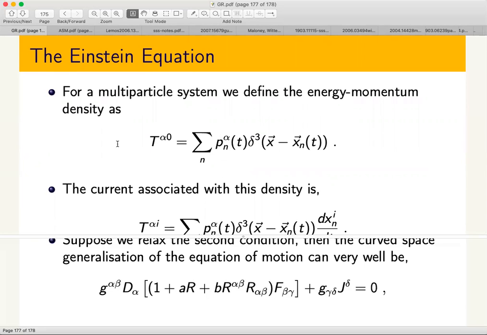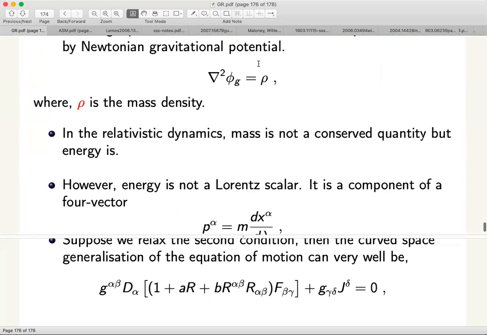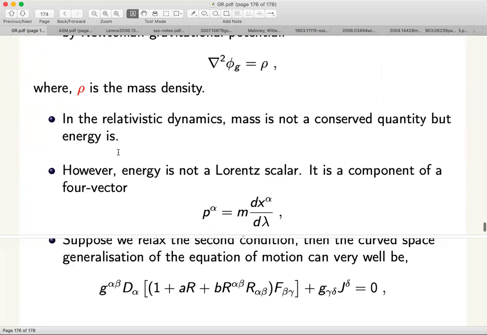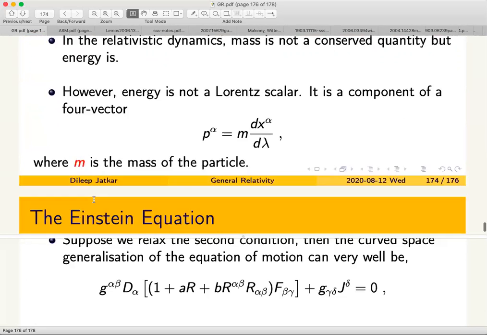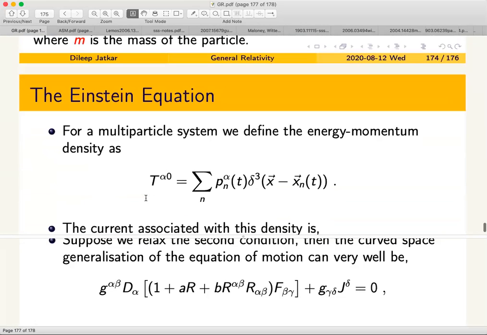Okay, so what we really need here is to elevate rho from mass density to energy density, to the momentum 4-vector, to the component of the energy momentum tensor.